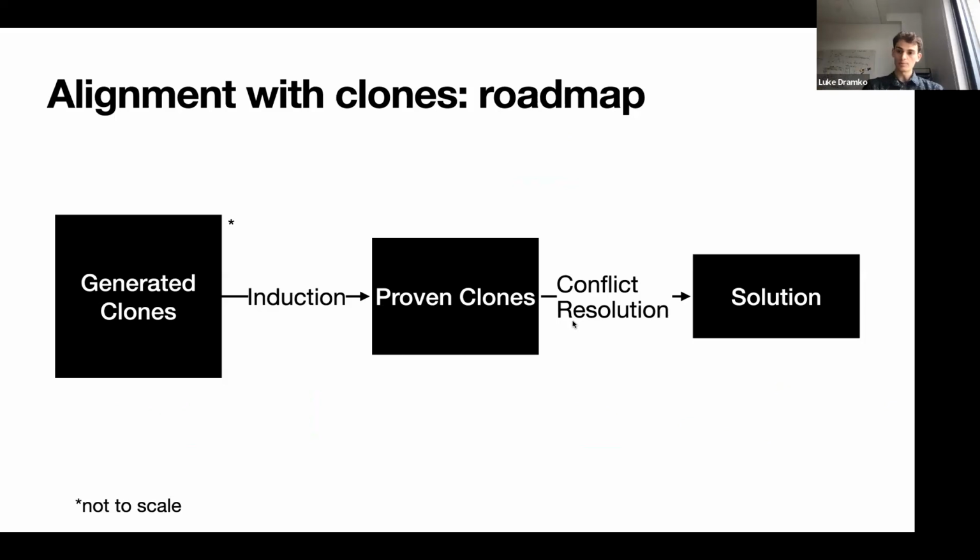So a summary of what we've done is we've generated some clones, then we used induction to eliminate some of them because we can only prove some of them. But some of the proven clones nonetheless conflict. So we have this conflict resolution phase where we discard some conflicting clones, and then we finally end up at a solution.